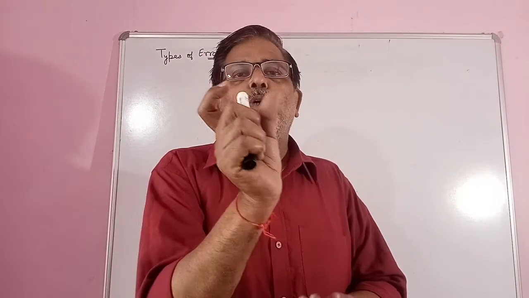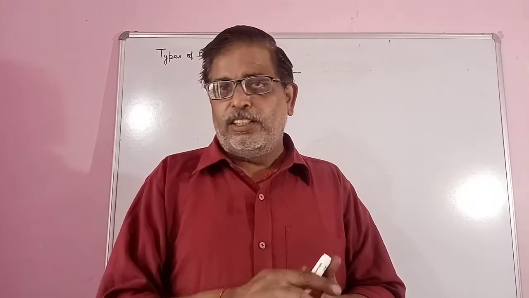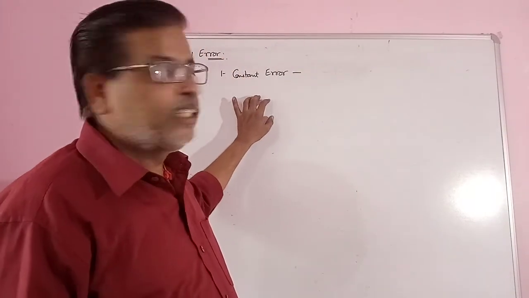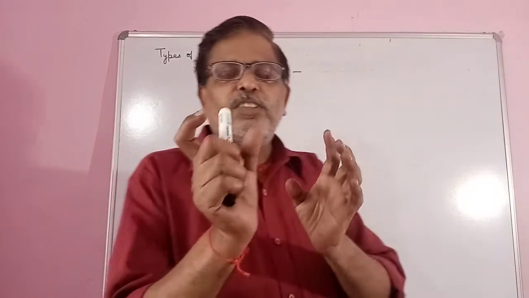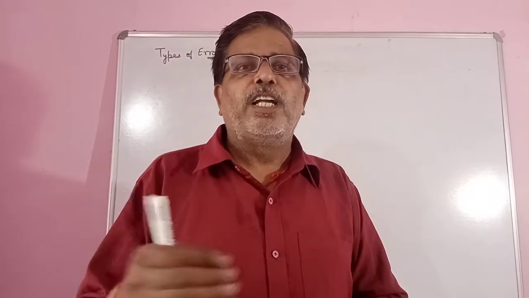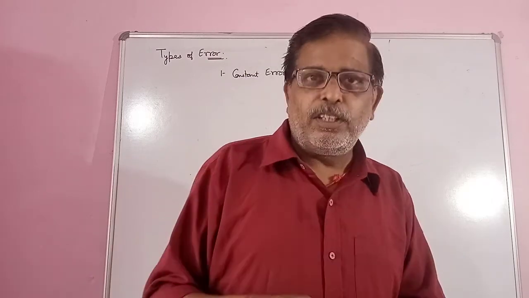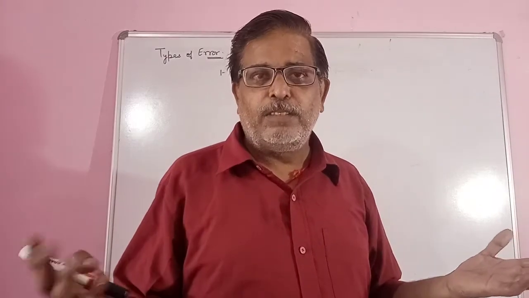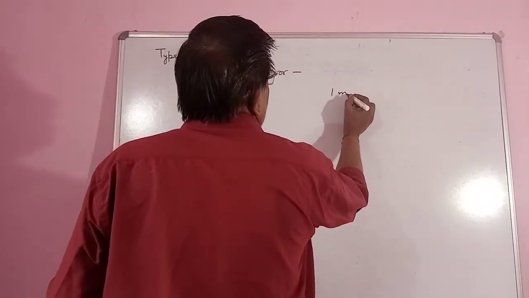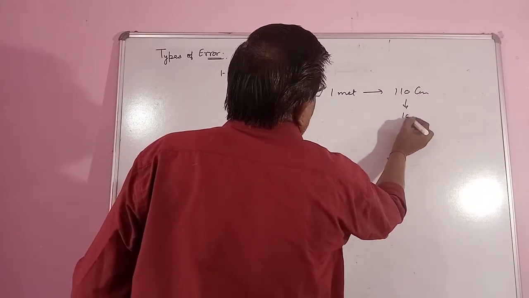हर बार जो हम छोड़ रहे हैं वो कितना है, that is of 5 centimeter. So this 5 centimeter is what? This is simply error. So this error is constant error, because this is fixed value. This is not changing. This is fixed value, and we are leaving this error. Or in other words, suppose that scale is of 110 centimeter. 1 meter scale is of 110 centimeter, means 10 centimeter.